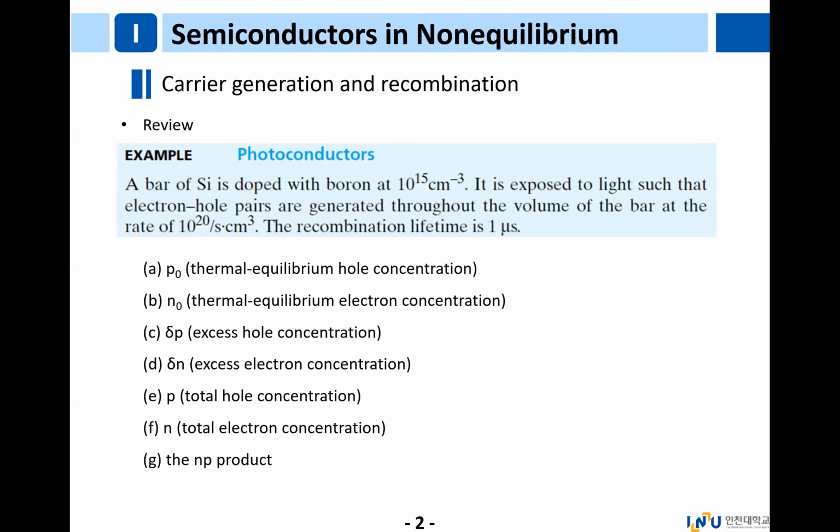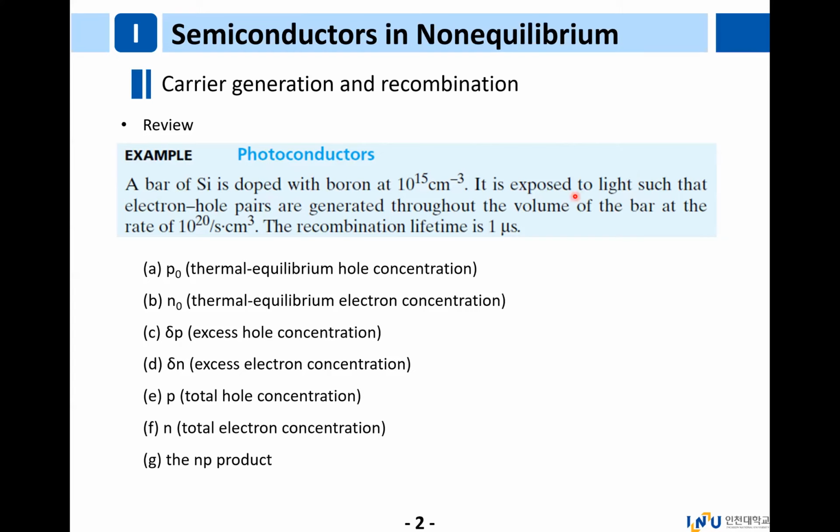Before the main class, let's review the concepts we learned in the previous class through an example. We have a p-type silicon semiconductor doped with boron. Excess electrons and holes are generated by exposing light, right?